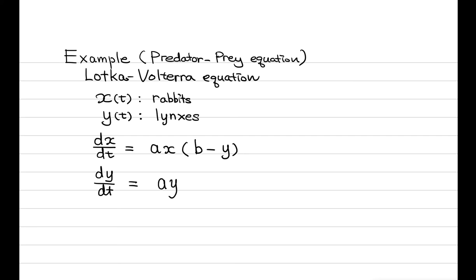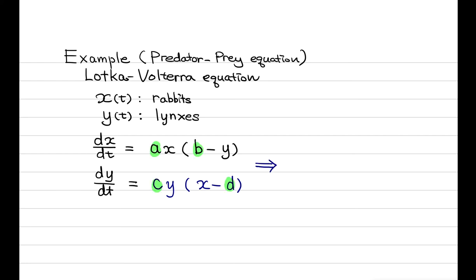And if there is too small a number of rabbits, less than a certain threshold, then actually the population of lynx can decrease. So actually I have to use a different letter, and there must be some threshold d such that if the rabbit's population is less than d, then the growth rate can be negative.